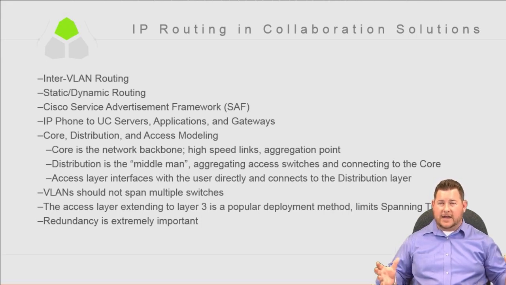You're basically just aggregating a bunch of different links into one or two, however many your core is, depending on the size of your network. A couple routers or switches or huge networking devices essentially.